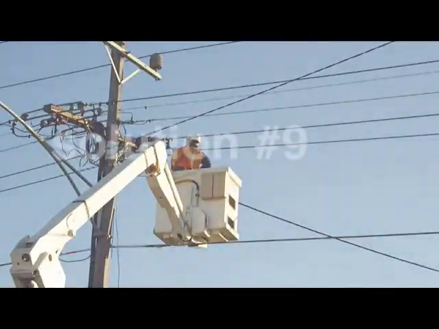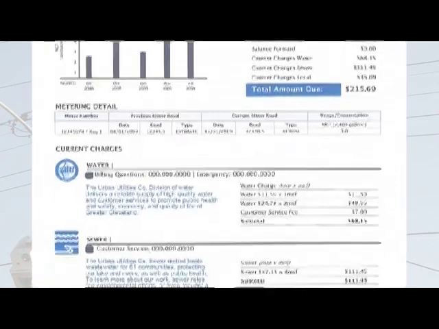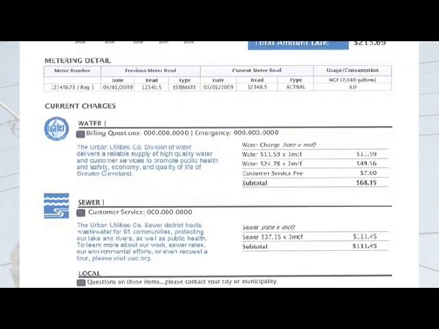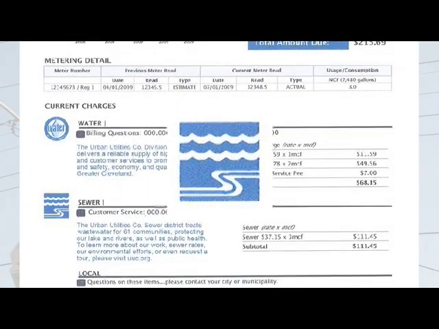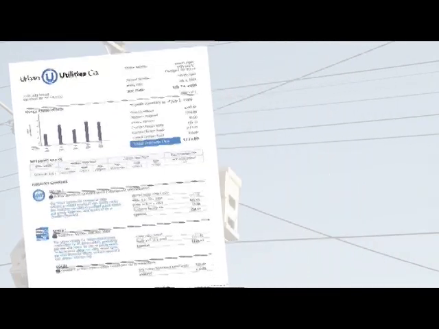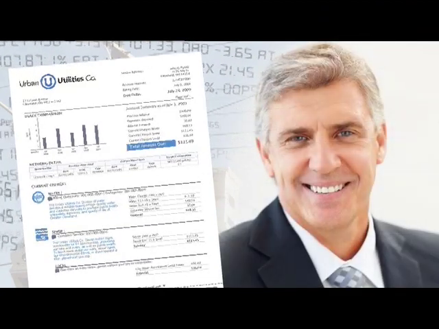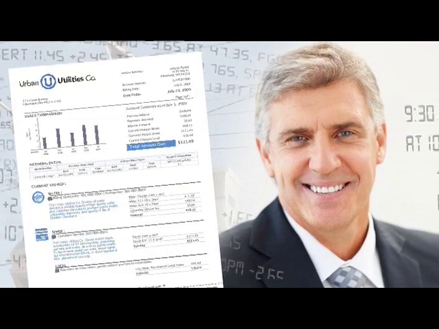The consolidated and redesigned bill also uses easy-to-see icons to indicate current charges for water and sewage, so customers can quickly understand exactly what they're being billed for. By consolidating bills, your utility company now saves significant costs on materials, printing, and postage, and delivers a better customer experience.